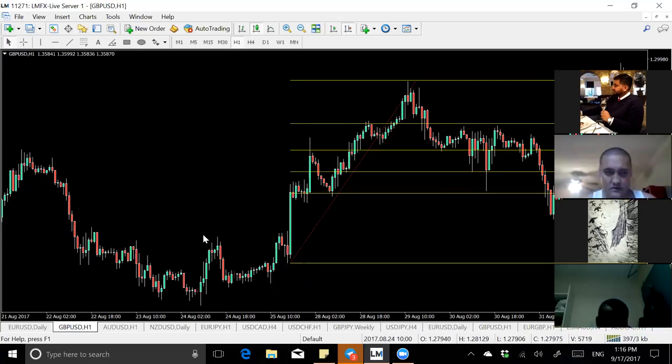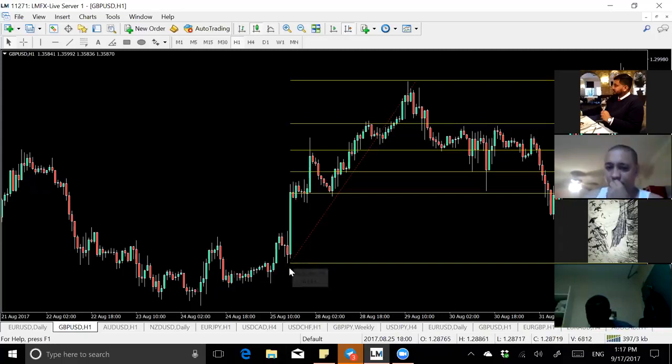So this is where buyers made a breakout, you can call it. A lot of people call it broke structure here, whatever you like to call it, but this is where buyers started stepping in. So this was the most recent swing, and this is the highest buyers came before sellers stepped in, right?